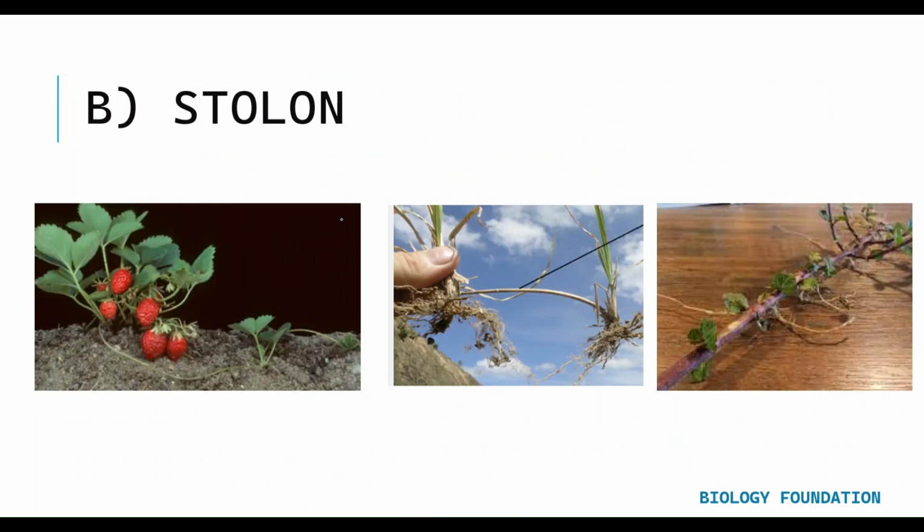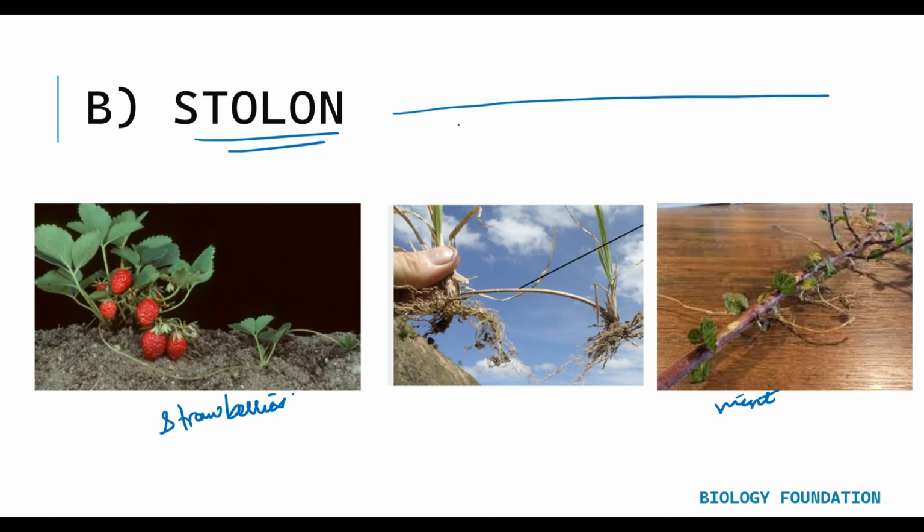Next is stolon. Stolon is seen in strawberries and mint, pudina. How is it different from a runner? If you see, this is your soil. Here also the stem grows horizontally, but what happens is, let's assume this is the node region from which roots develop and a plant starts arising.